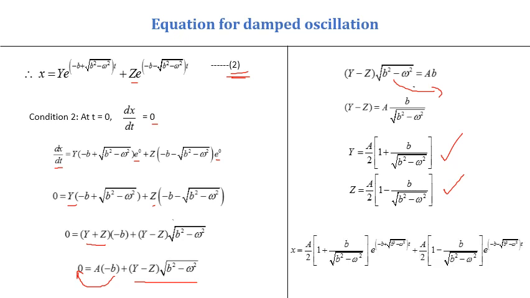Therefore we can write x equal to a by 2 into 1 plus b divided by square root of b square minus omega square into e power minus b plus square root of b square minus omega square into t, plus a by 2 into 1 minus b divided by square root of b square minus omega square into e power minus b minus square root of b square minus omega square into t.